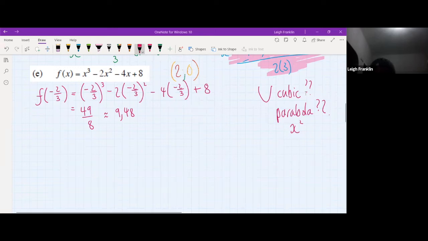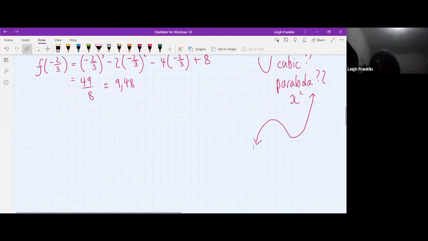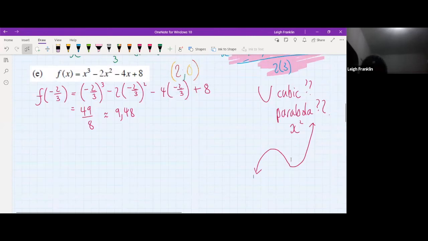Okay, it's first going to be concave down and then concave up. Okay, that's not a very good drawing, but you understand what it is that I'm getting at. So first concave down and then concave up. Quite right.